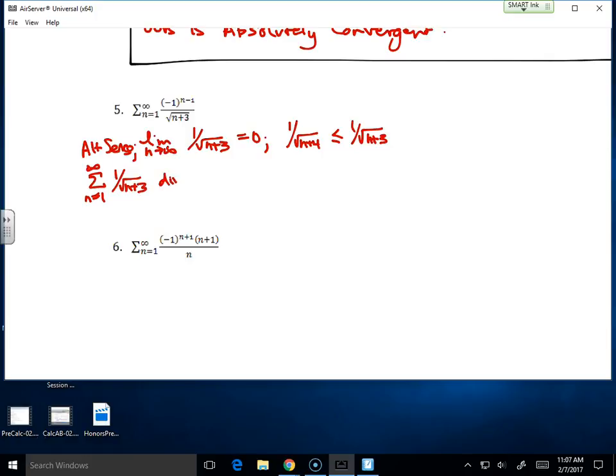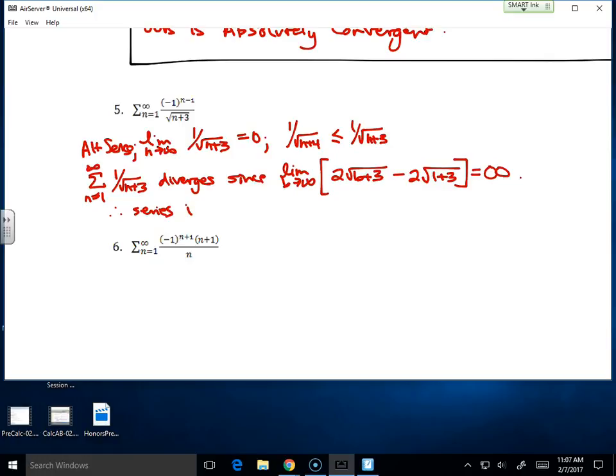It equals infinity by the integral test, and positive, decreasing, continuous were good on all 3 counts. So therefore, we can say the series is conditionally convergent. Does that make sense?